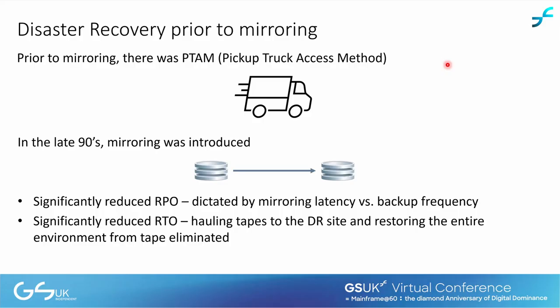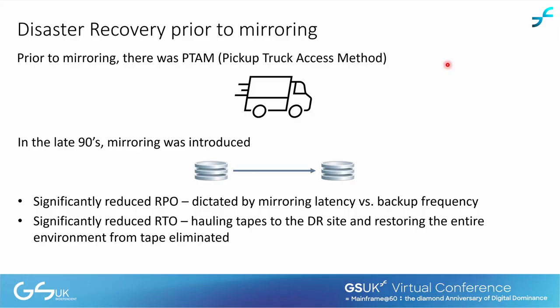Now, around the late 90s, a new mirroring technology was introduced: synchronous mirroring from your site one disk to your site two, and it was dictated by mirroring latency. Instead of how frequent the backups you took, now it was dictated by the latency, meaning that we mirrored our information from your disk in your local site to your disaster recovery site.